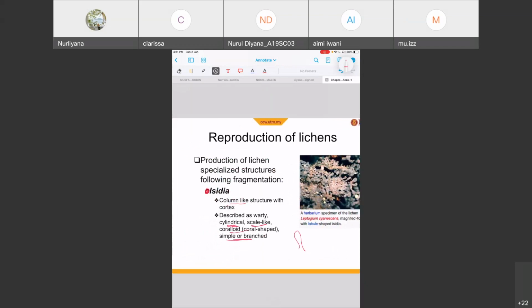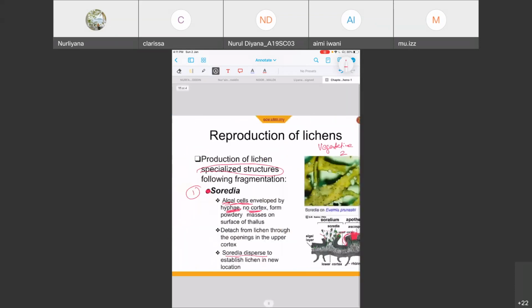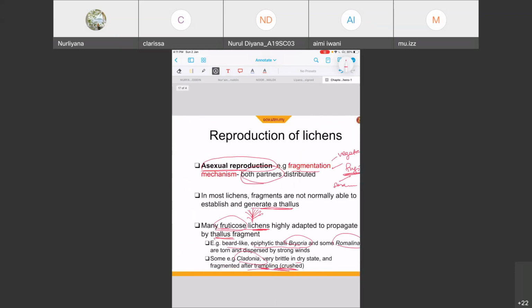These two slides explaining Soredia and isidia are just to give you a brief explanation that for true vegetative, or asexual, reproduction, they require these specialized structures before they release the algal cells to generate the new thallus.